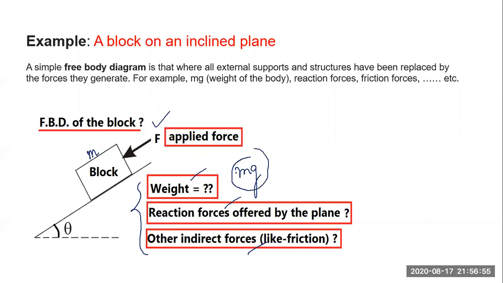If the direction of mg is not shown on the block, and if the reaction forces and their directions offered by the plane to the block are not known, then only by a single given force F and the given mass m, we cannot conclude whether the body will be at a stable position or not.